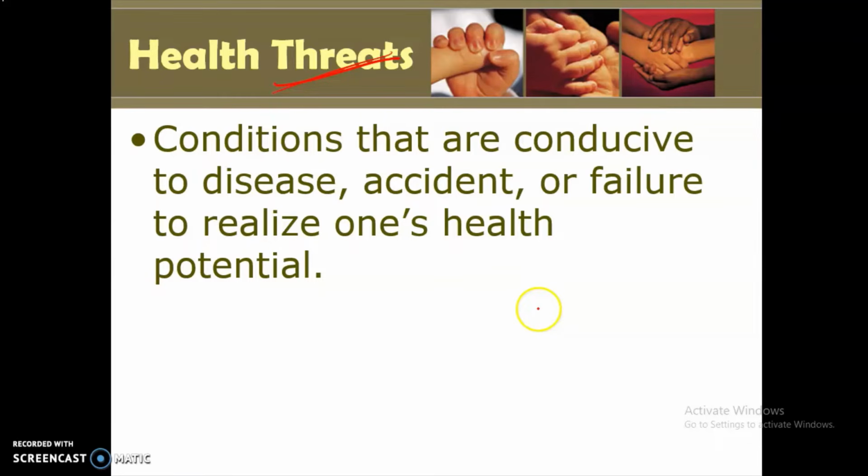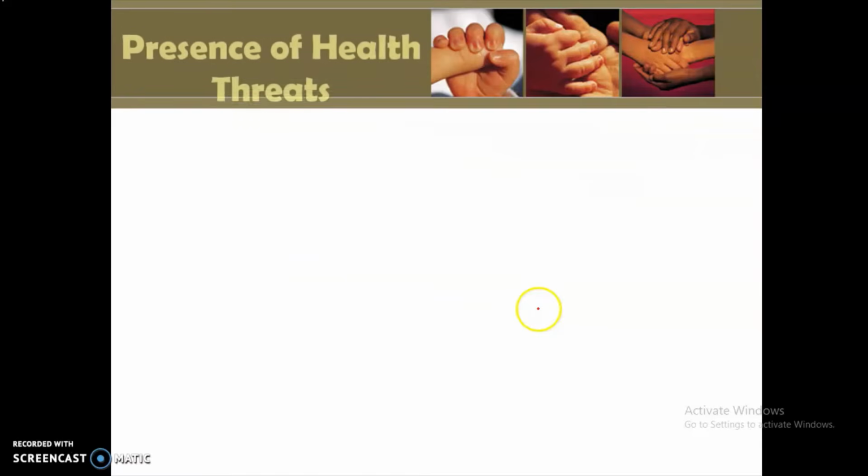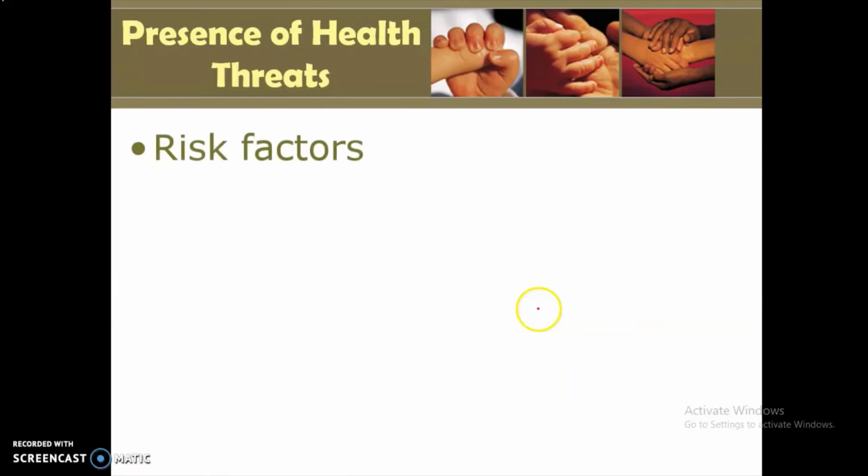So basically, a person does not have the condition yet, but there is a factor that can contribute to the development of an unhealthy condition. Let's go with examples. For the presence of health threat, the presence of risk factors. For example, if a person is smoking, we all know as nurses that cigarette smoking is the number one risk factor.